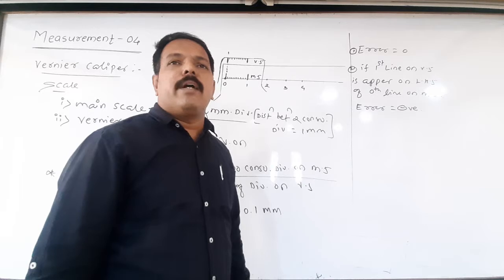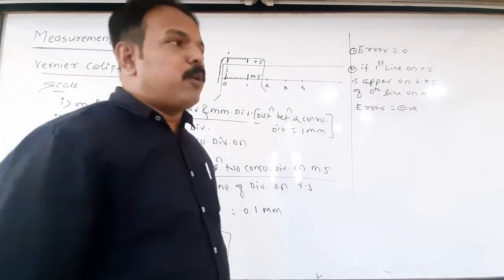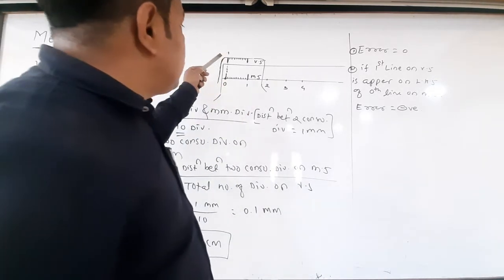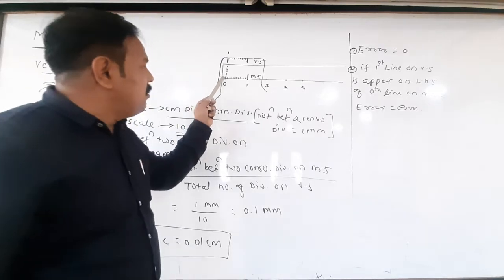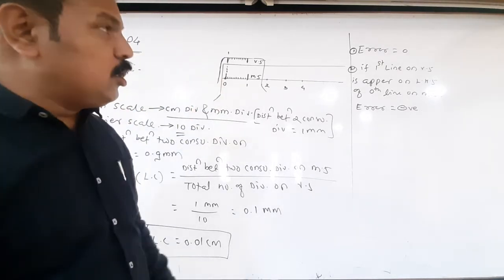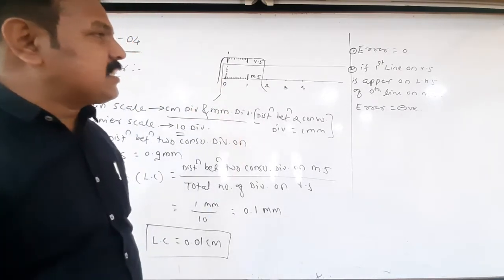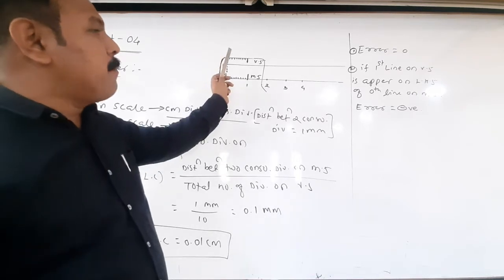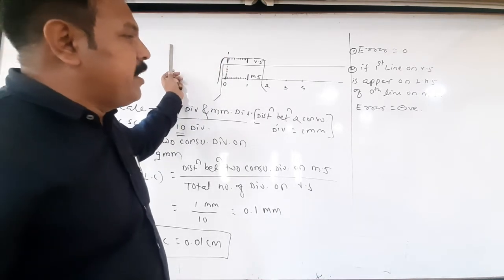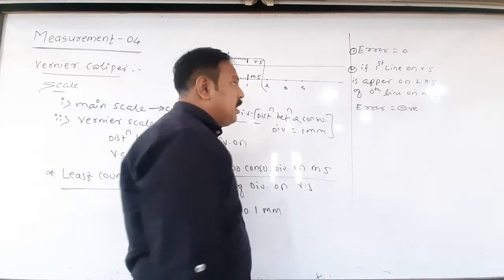Before that, you should know what is 0 error, what is negative error, what is positive error. If the first line of the vernier scale matches with the 0th line of the main scale, error is 0. If the first line on the vernier scale appears on the left hand side of the 0th line on the main scale, then error is negative. Remember.